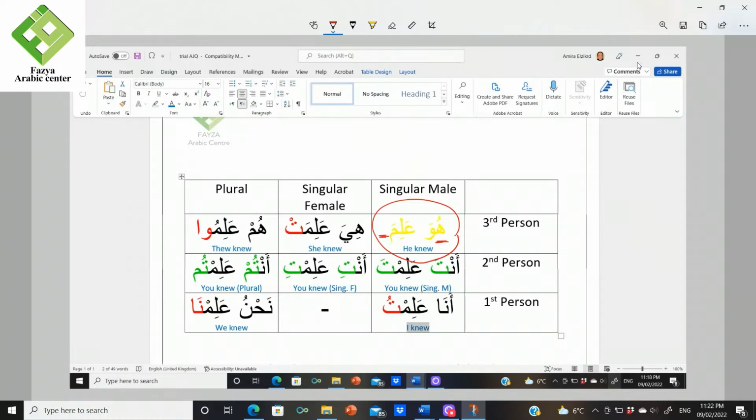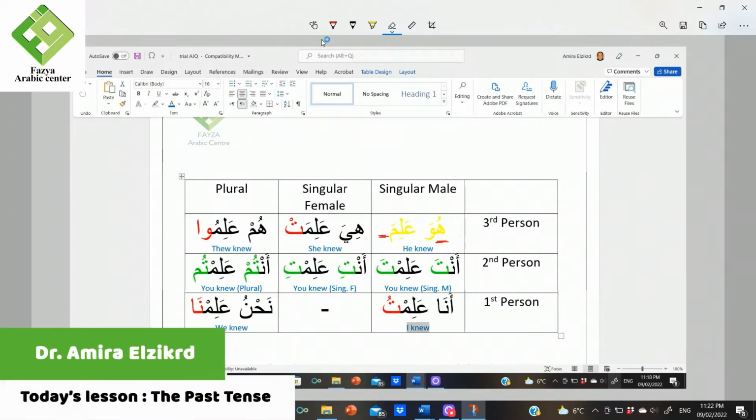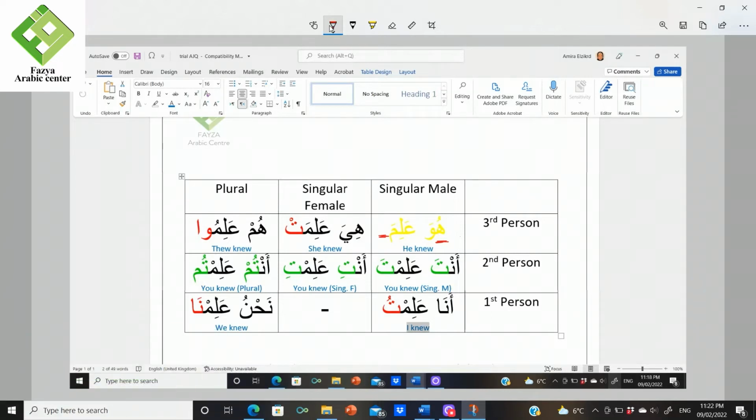Okay, now I'm going to postpone the rest of the third person a little bit, and let us come to this very easy way of recognizing the second person. So now, if you can notice, as I have highlighted in green, أنت علمت, أنتِ علمتِ, أنتم علمتم.